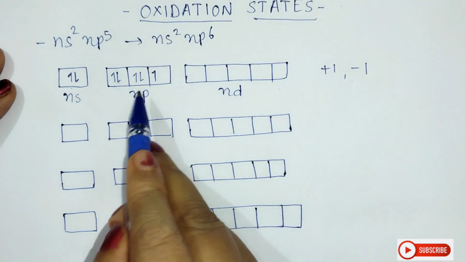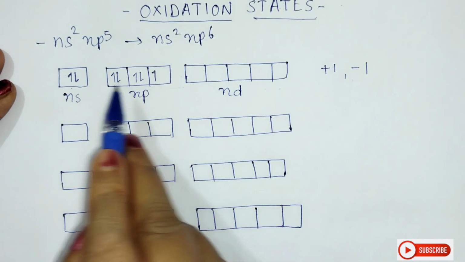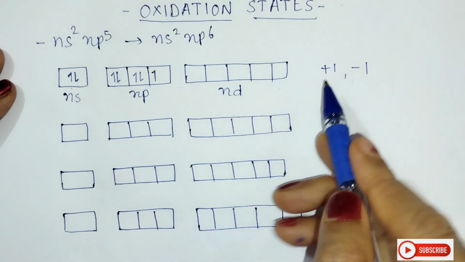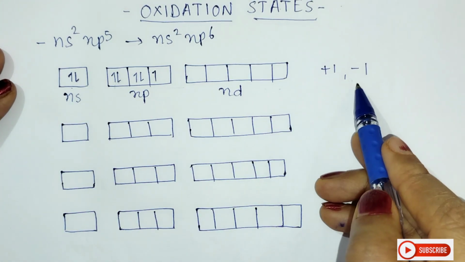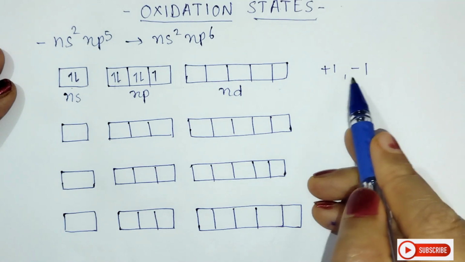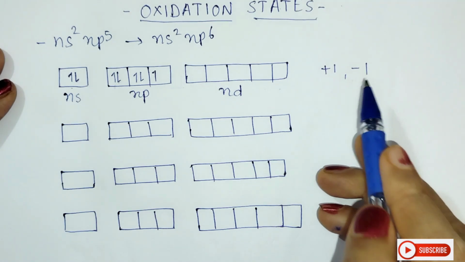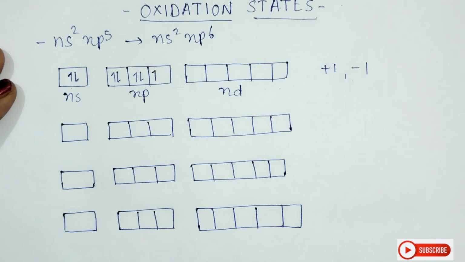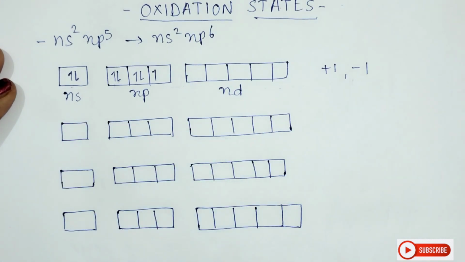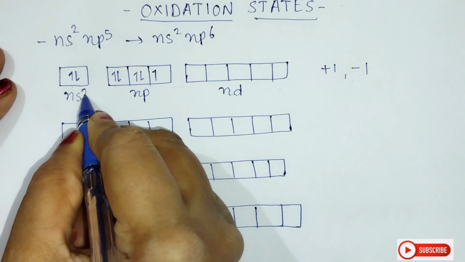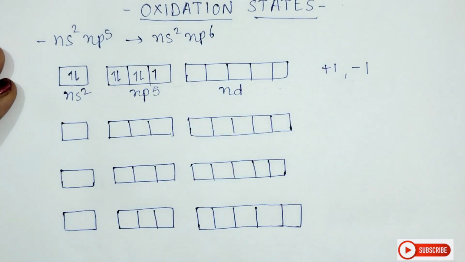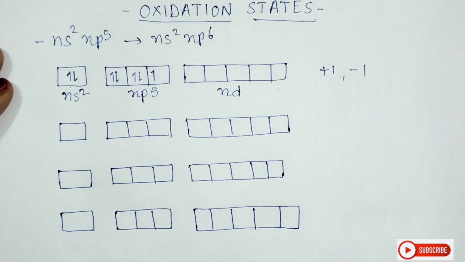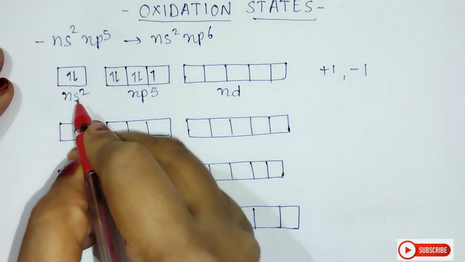Whatever number of unpaired electrons you see in its ground state, you have to write the oxidation state both plus and minus. So here it will be +1 and -1. If any halogen exhibits +1 or -1 oxidation state, then that atom in a given molecule will exhibit the following. Now if I write this, this will be ns2 np5 electronic configuration, then it will have sp3 hybridization.